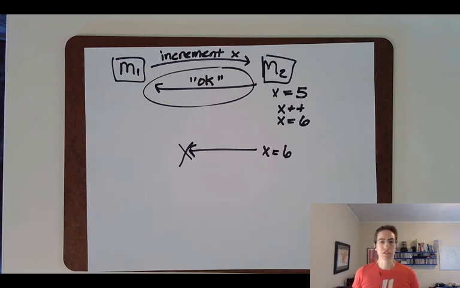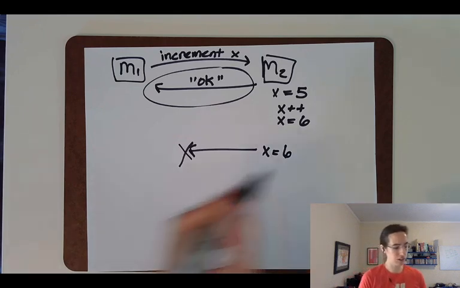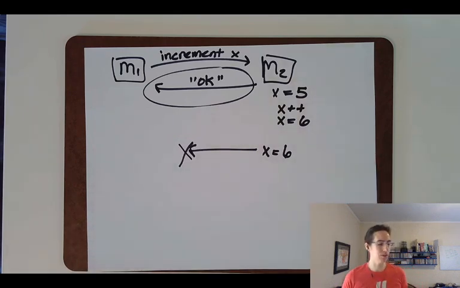This sort of uncertainty is a fundamental characteristic of distributed systems. Although timeouts can be really useful, let's say this message does get lost on the way back from M2. M1 has sent this increment X message and set this timeout. It never gets the response, and so the timeout expires.